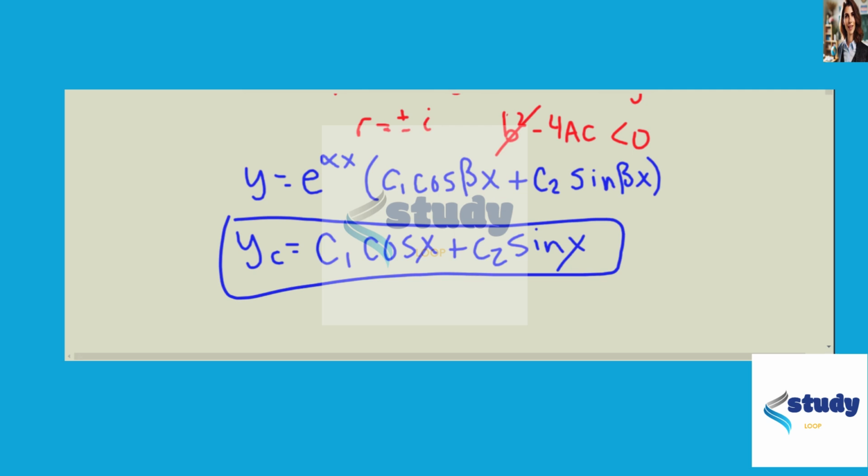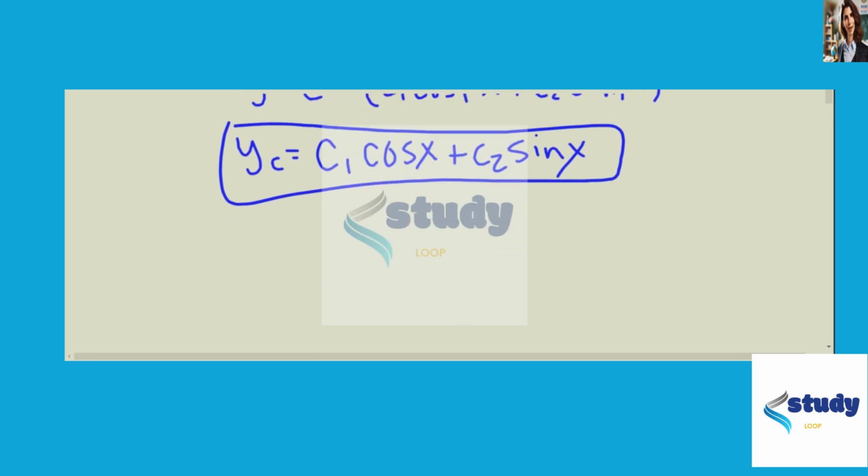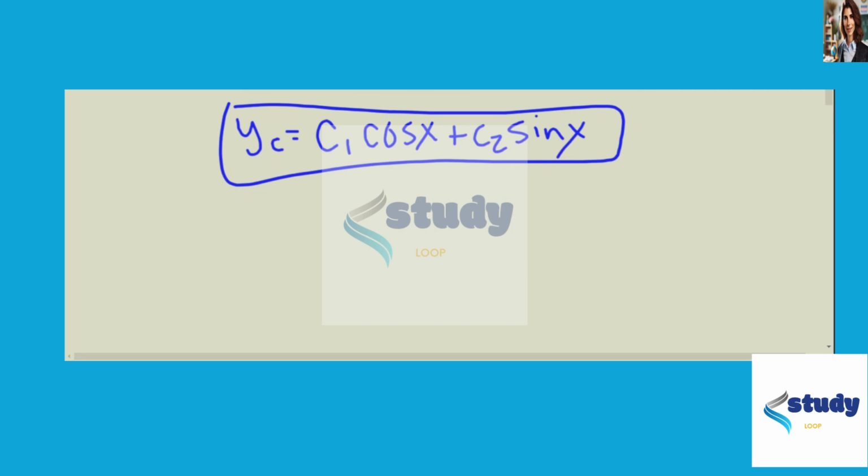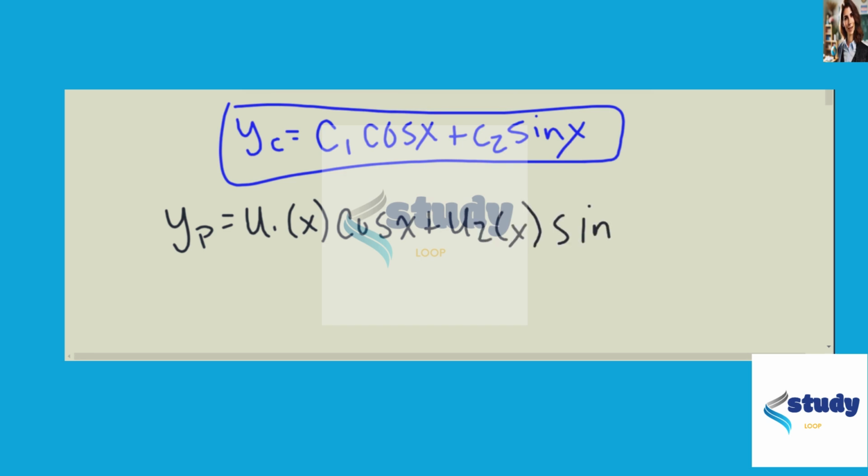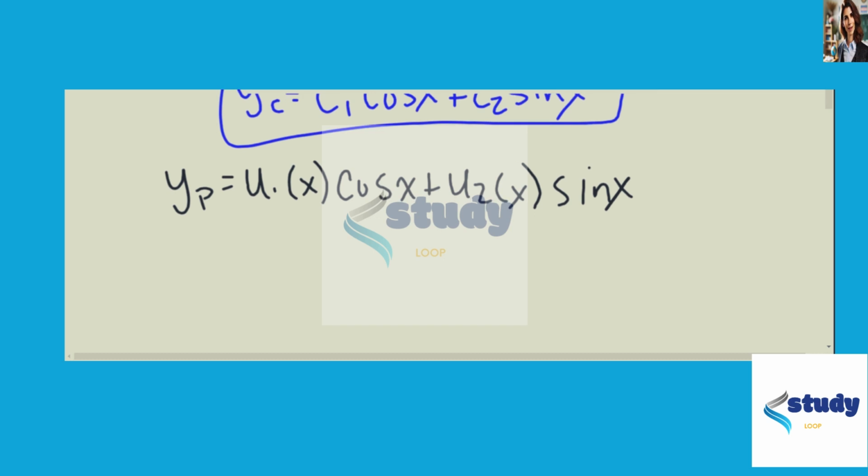Now we want to use variation of parameters to look at a particular solution, which means when we have constants here, we need to make sure to replace them with functions, u1 and u2. So we need to find the second derivative of this particular solution.